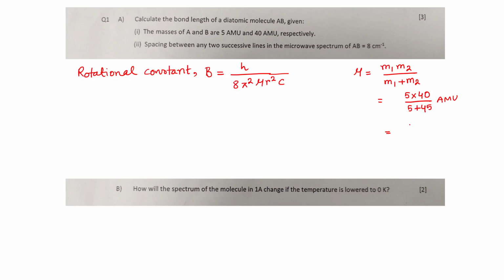So it would be 200 by 45 into 1.66 into 10 to the power minus 27 kilograms.